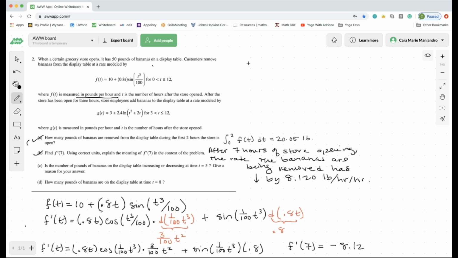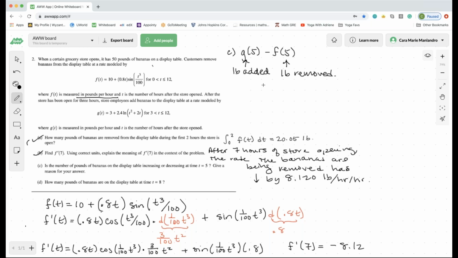No problem. For C, is the number of pounds of bananas increasing or decreasing at t equals 5? I think this one is a little easier than it looks. I would just take g of 5 and subtract f of 5, because this is the pounds that are added and this is the pounds that are removed.